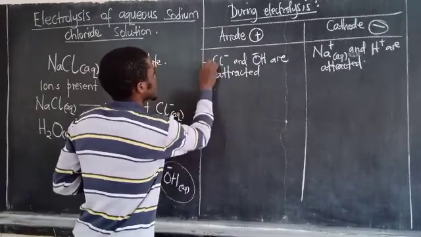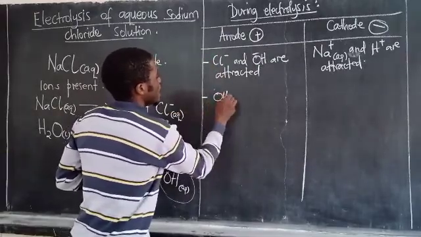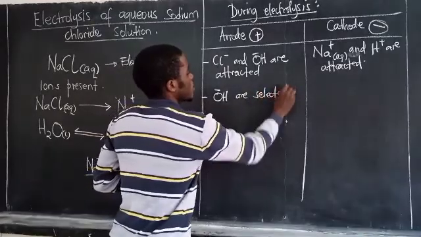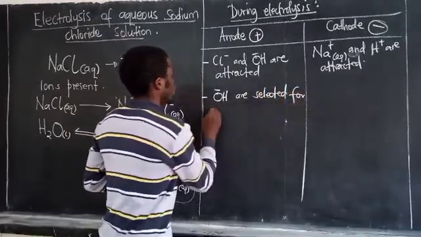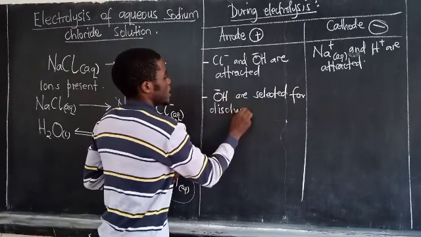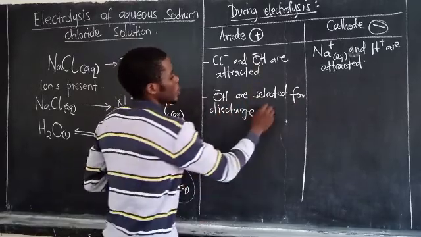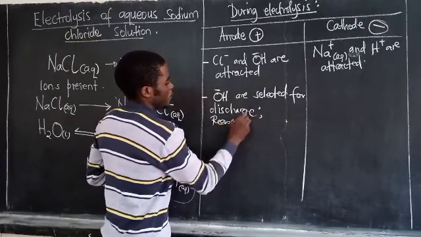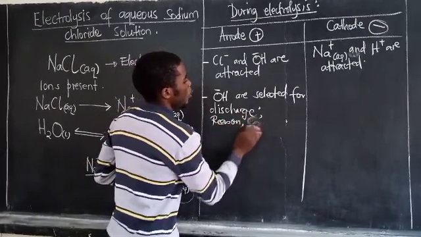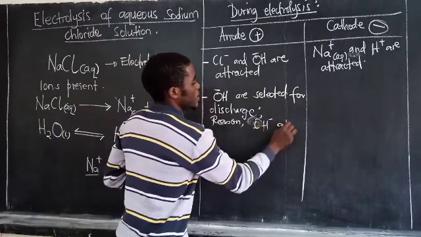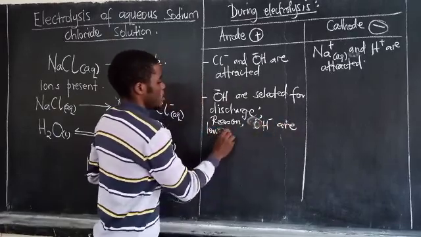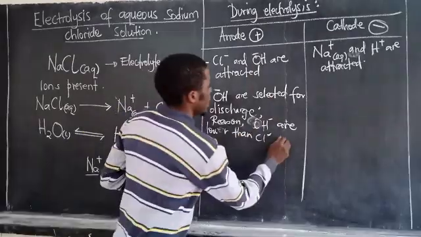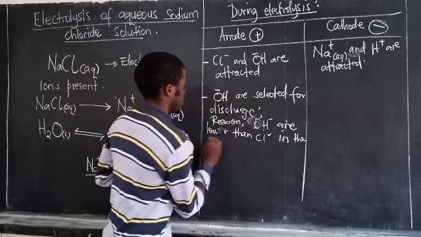Meaning that in this case, the hydroxide ions are selected for discharge. And the reason is that the OH minus ions are lower than the chloride ions in the electrochemical series.